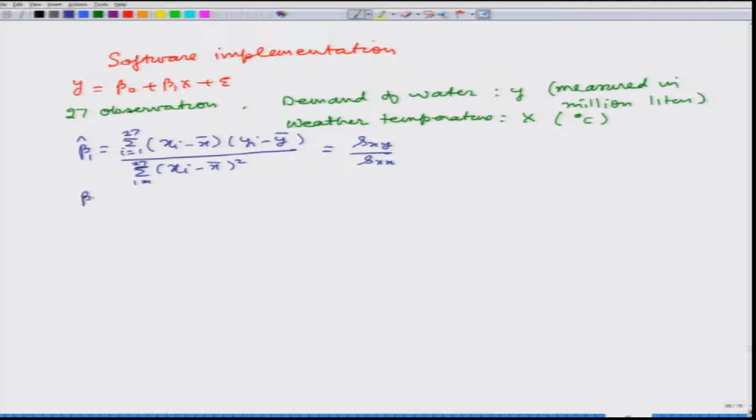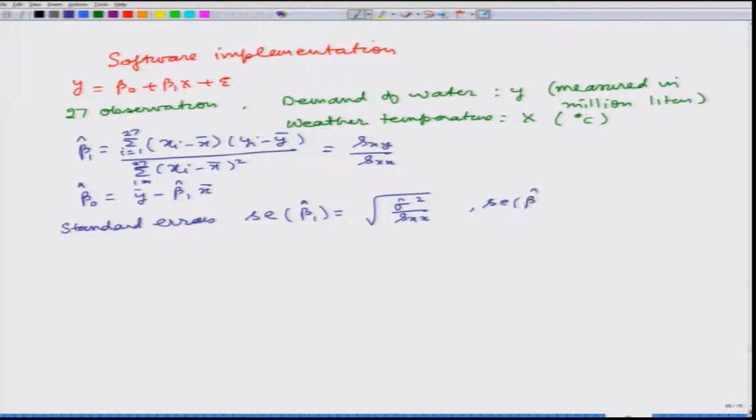We also obtained the estimate of the intercept term as y bar minus beta 1 hat x bar. After this, we obtained the standard errors. Standard error of beta 1 hat was obtained as sigma hat square over Sxx, and standard error of beta 0 hat as sigma hat square times (1 over n plus x bar square over Sxx).